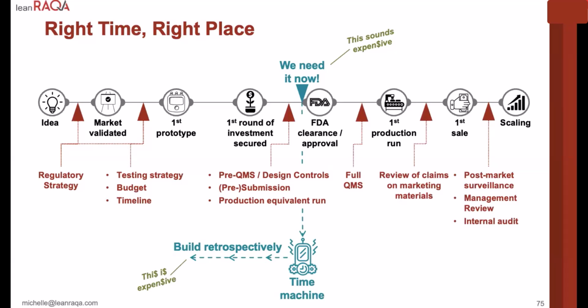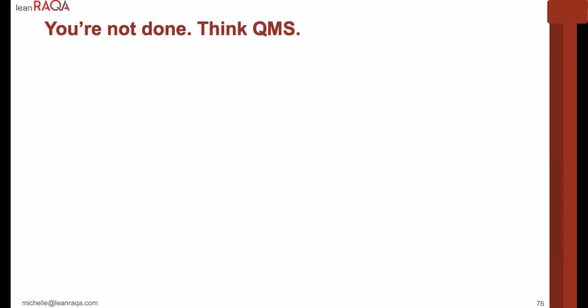And that really is expensive. So it's just important to know when do you need that regulatory strategy? When do you need your quality management system, and build all of that from the concept, build it in and build it forward rather than trying to get in a time machine and build it retrospectively.